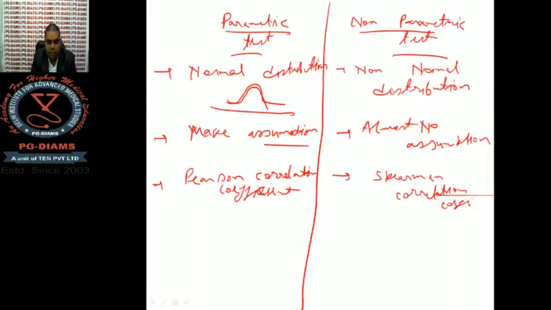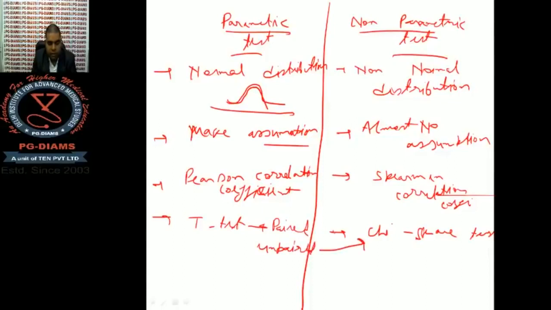The other thing is, its examples include t-test, which can again be paired or unpaired, and in non-parametric its examples include chi-square test. Unpaired will be like chi-square test. Paired test will be equivalent to sign test. And then you will have ANOVA.